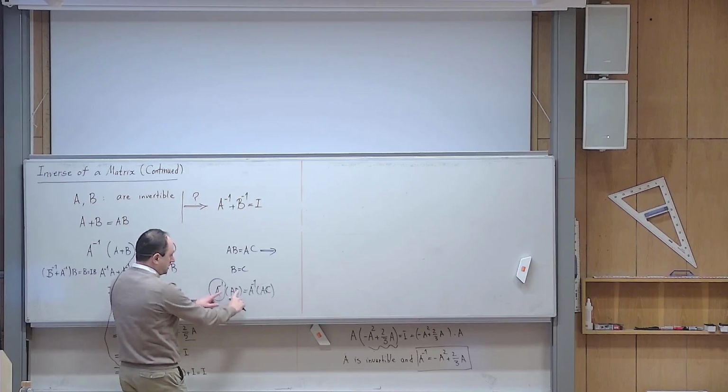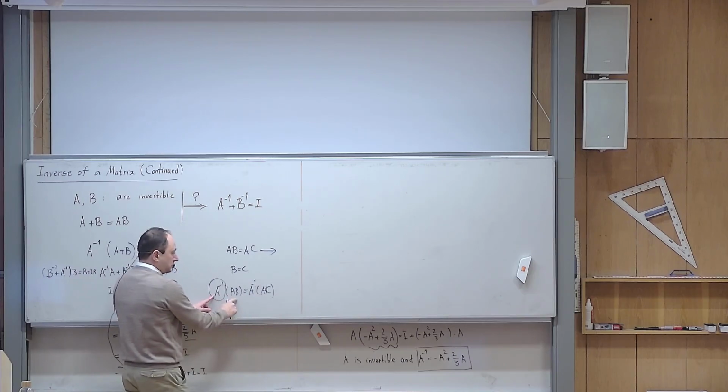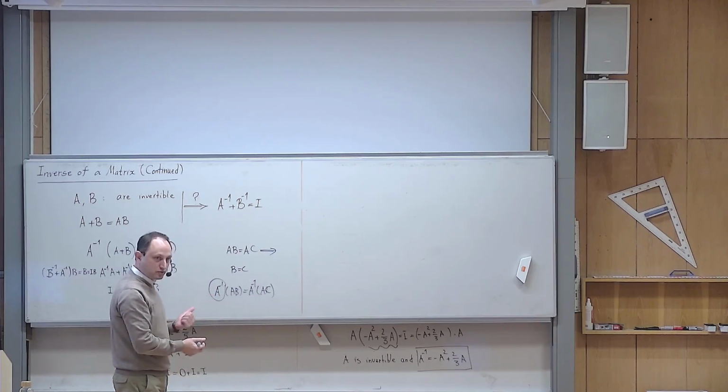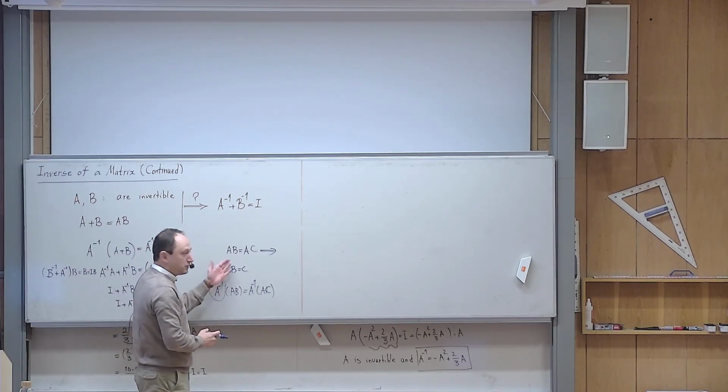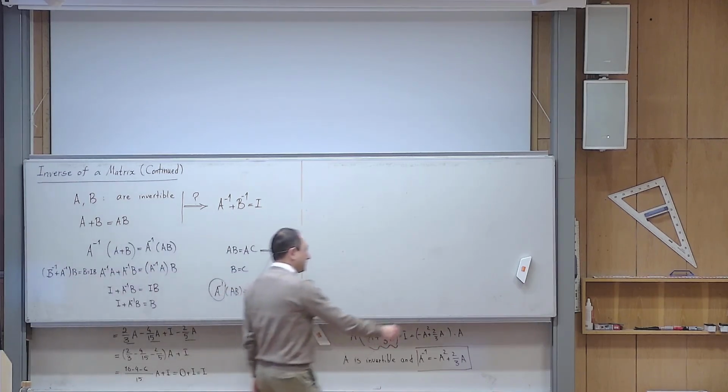In that case, I put the pair of brackets here, I put the pair of brackets here, and this becomes I, so it becomes B, this becomes I, that becomes C. Which in this case is true, but you need to give a little bit of comment on that, so that it shows you appreciate this. So that's an important fact you need to know.